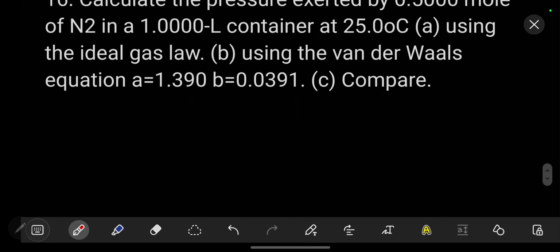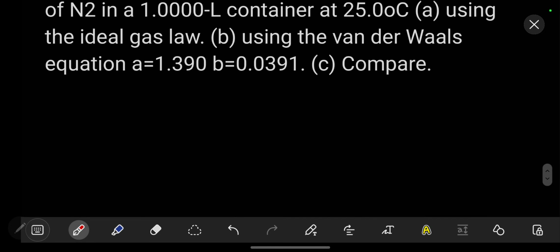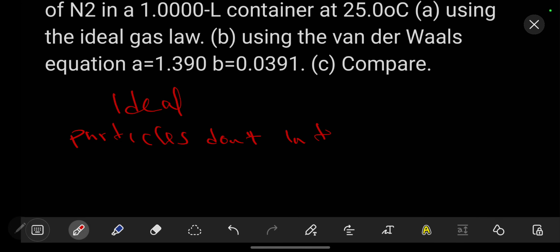The difference between the ideal gas law and the Van der Waals equation is that under the ideal gas law, we assume that the particles or the gases do not interact. They don't interact simply because we assume they are always moving at a very fast speed with no time to interact.